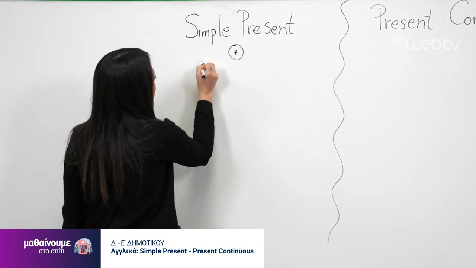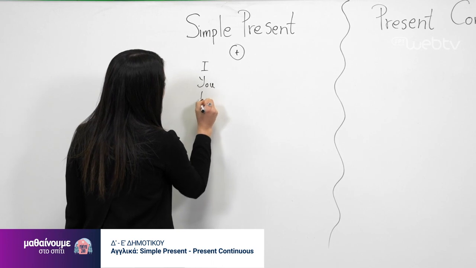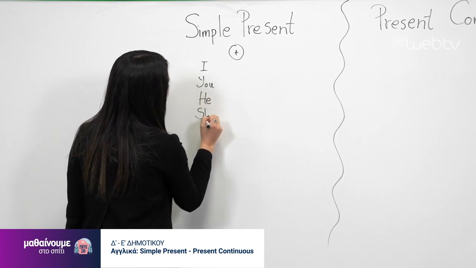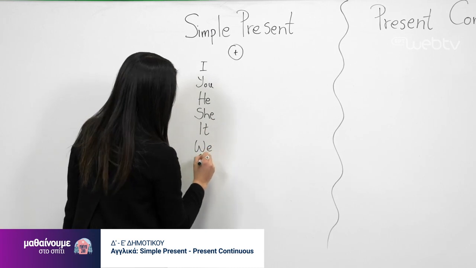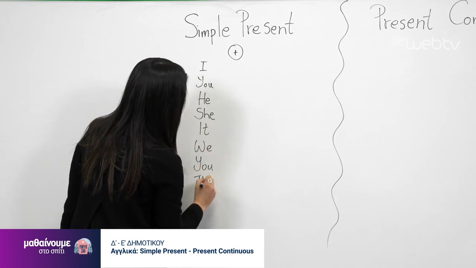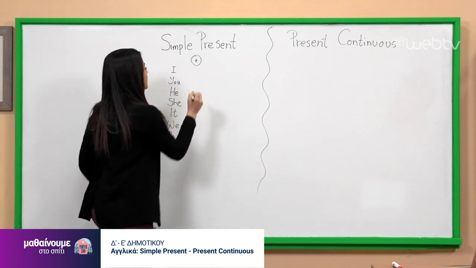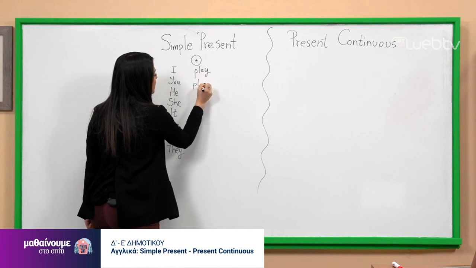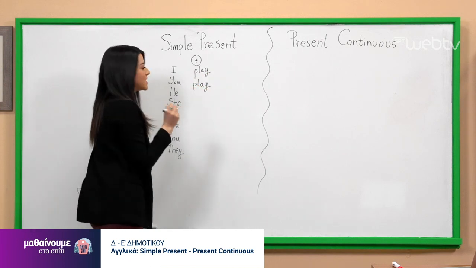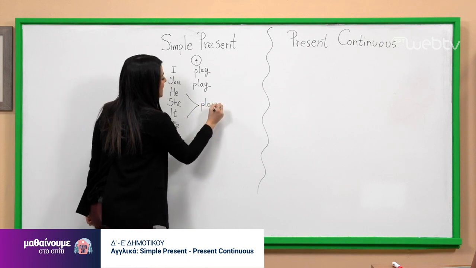So let's take all the I, you, he, she, it, and then we have we, you, and they. So, in the simple present, what we do is we write I play, you play, and he, she, and it plays.